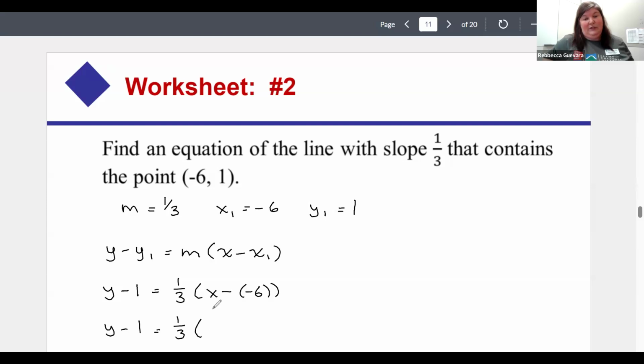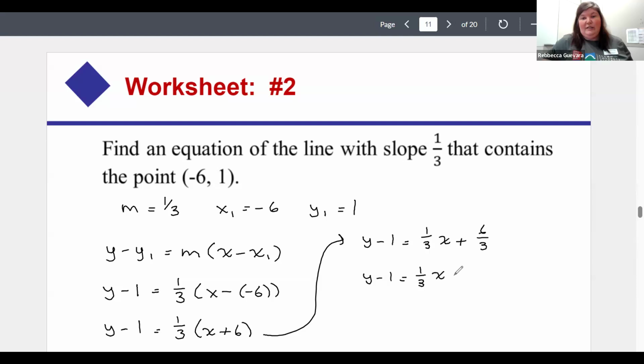So you might want to do this little extra step here where you change this to x plus 6. So we got y minus 1, and then we'll distribute this 1/3. So we'll have 1/3 times x, and then 1/3 times 6. It's going to leave me 6/3. So 1/3 x plus 2.